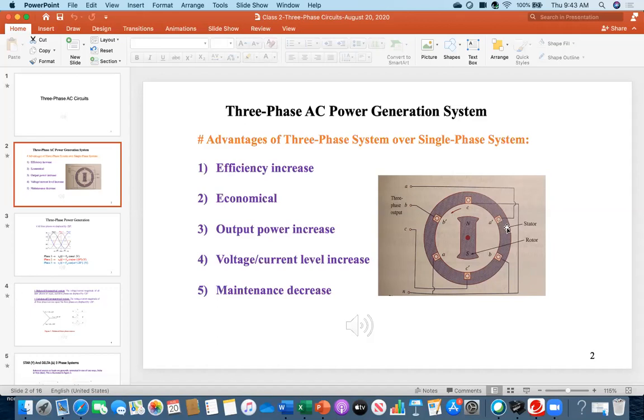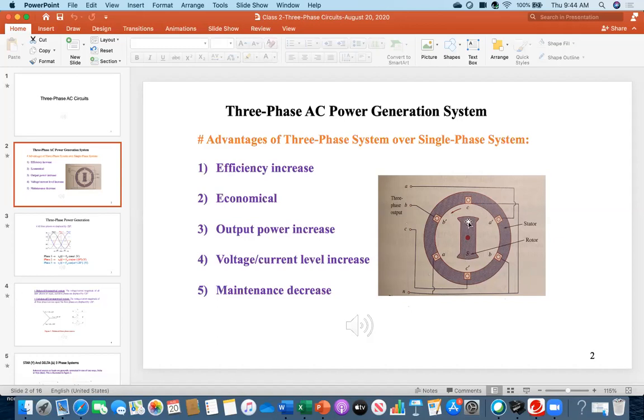They are all properly displaced by 120 degrees in phase. From A prime, B prime, C prime, the output terminals are taken and given the names A, B, C. Then the other ends are all connected together at a common point, which is the neutral line. So this is the three-phase system with a neutral line.